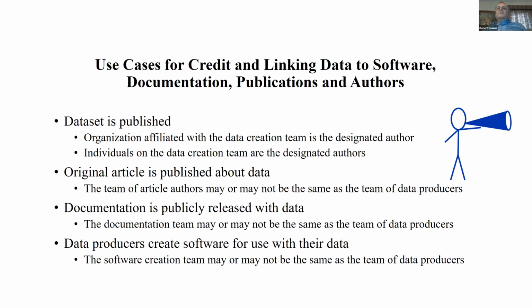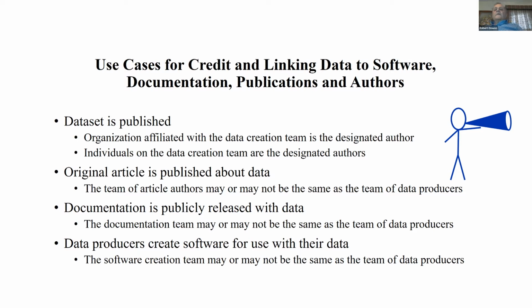But on the other hand, individuals could be the designated authors, or it could be a combination of both. Another case is you have the original article published about the data, and the team of authors of that original article could be the same as the team of data producers or not.